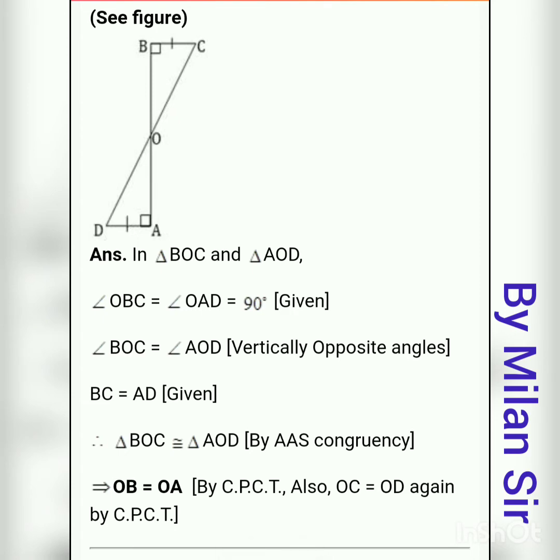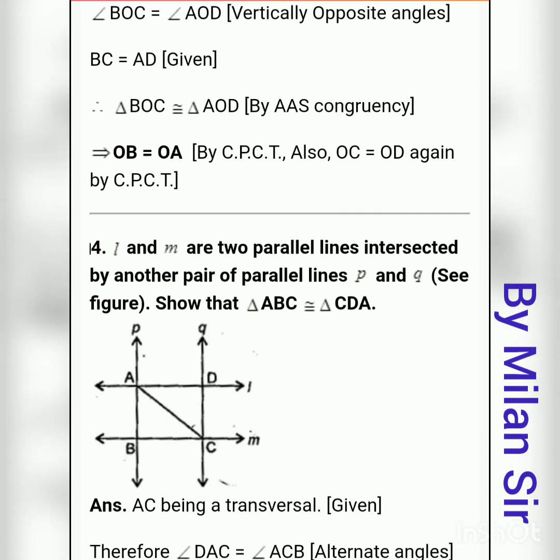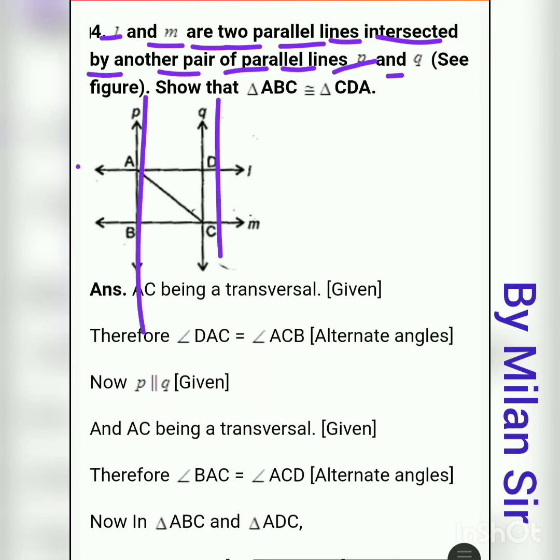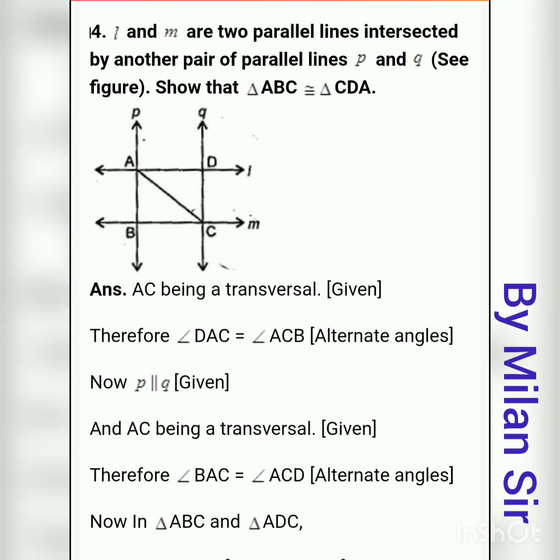Okay, after that question number 4. L and M are two parallel lines intersected by another pair of parallel lines P and Q. So here lines P and Q are parallel, lines L and M are parallel. Okay. Show that triangle ABC, that means this triangle, is congruent to CDA.